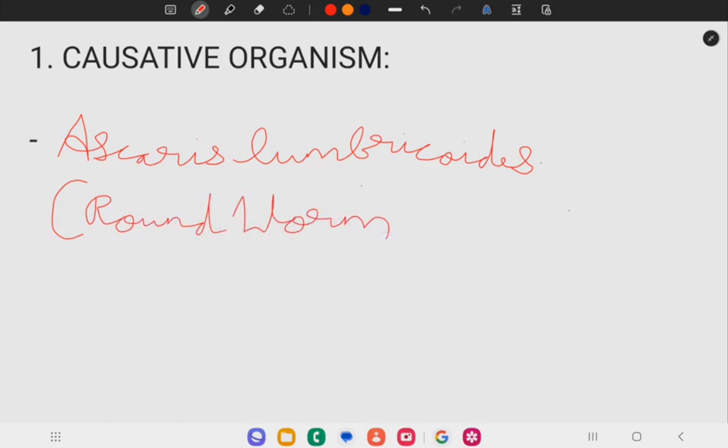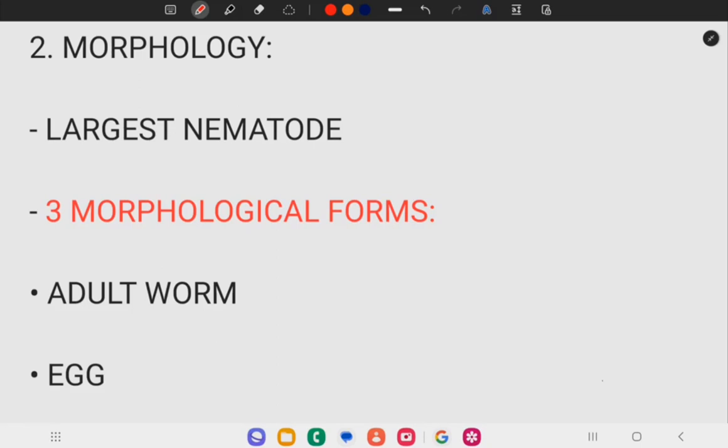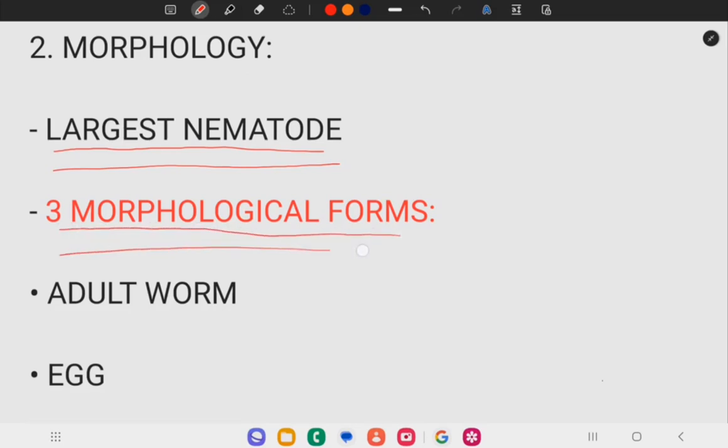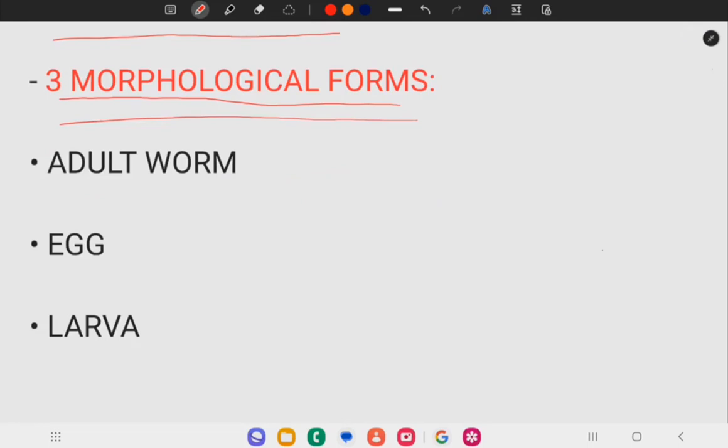Ascaris lumbricoides is the largest nematode and it exists in 3 morphological forms: adult worm, egg, and larva.